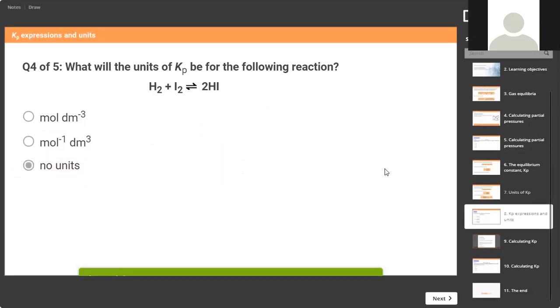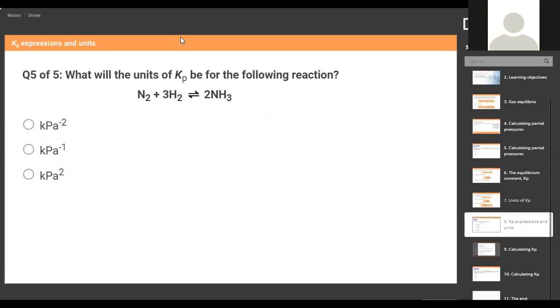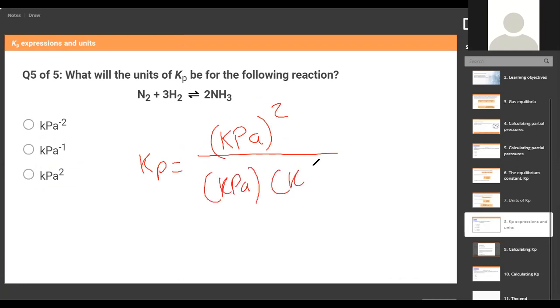And then finally, for this set of questions, what will the units of KP be for the following reaction? So let's write this one out again. KP equals kilopascals for NH3 to the power of 2 over kPa to the power of 3.